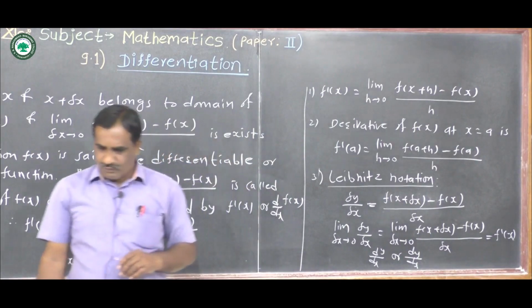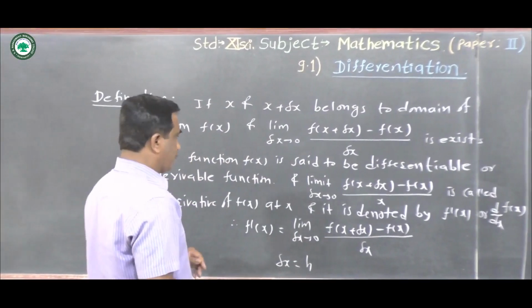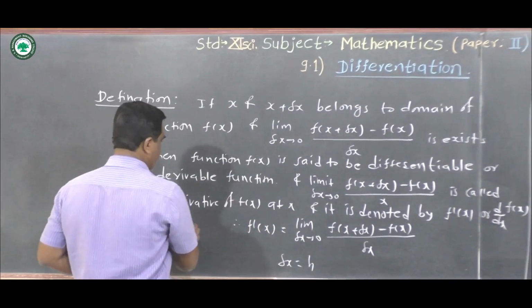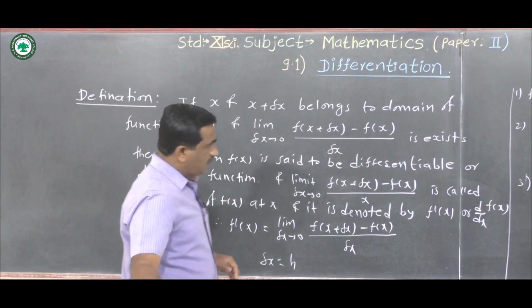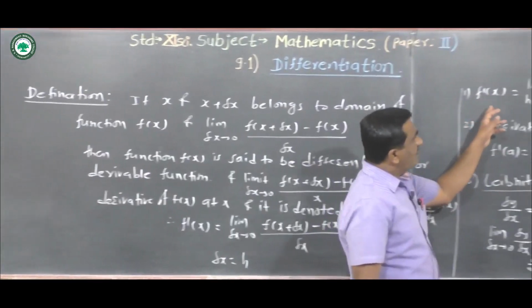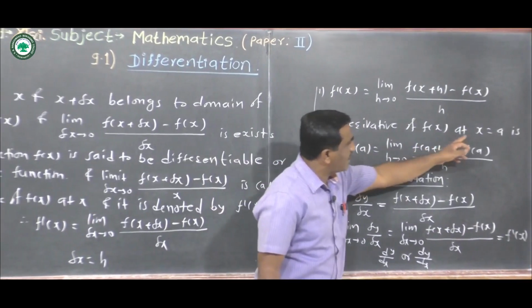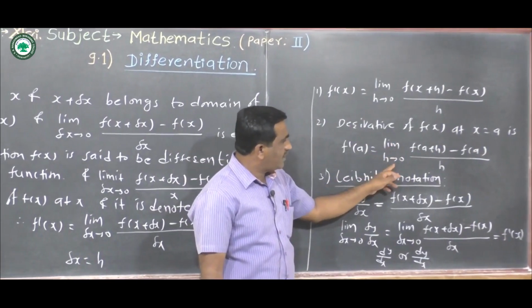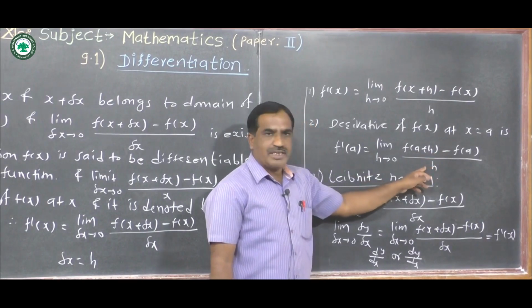Okay. Now further also we know that first principle formula is, now this is the first principle formula. If we take x is equal to a, derivative of f of x at x is equal to a is f dash of a is equal to limit h tends to 0, f of a plus h minus f of a upon h.